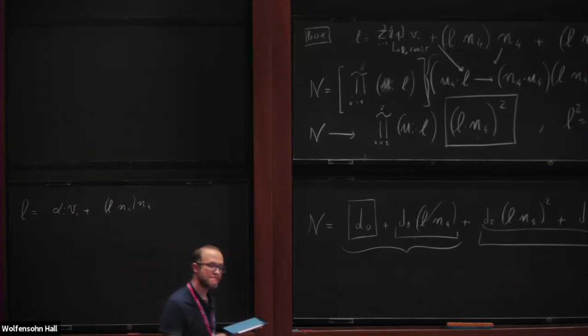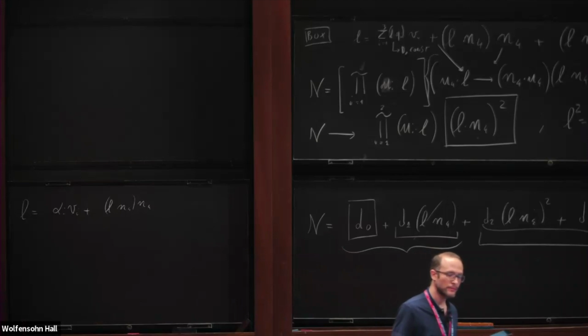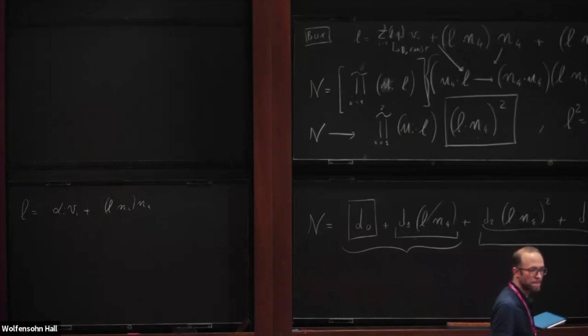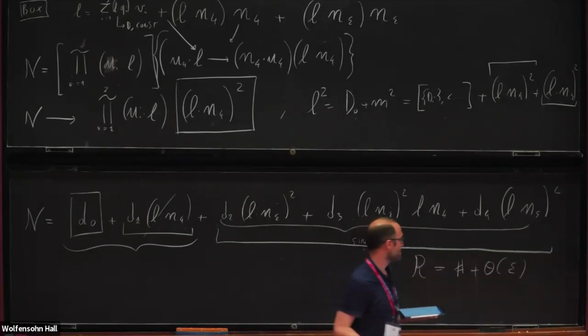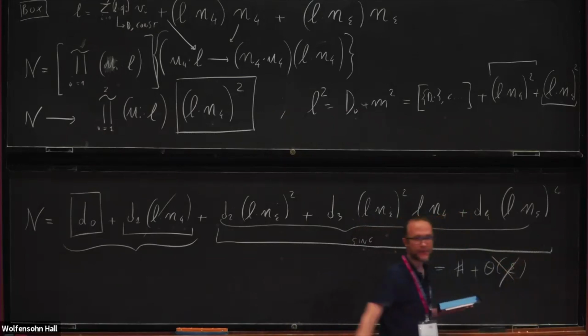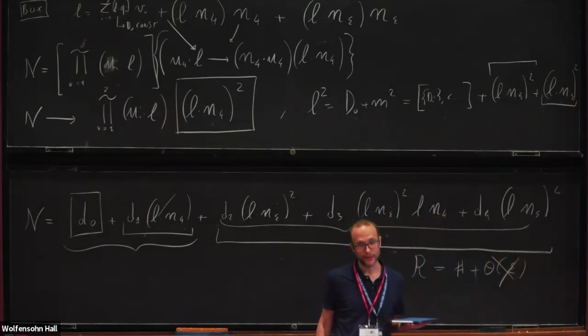Before you wrote the R, and you also wrote a piece that went linear in epsilon. Doesn't this R now include pieces that are also linear in epsilon? In principle, yes. So this is a number plus order epsilon. What I'm saying is that I'm close to 4 dimensions. I don't care. At the end of my result, I want to put epsilon equal to 0, so I throw them away.